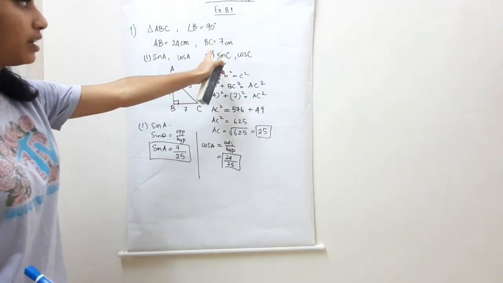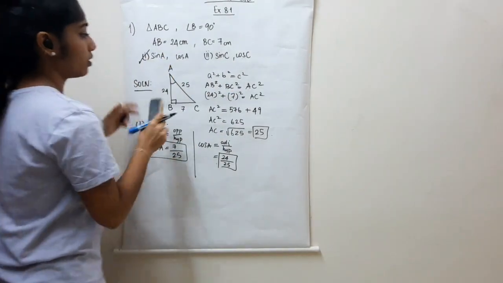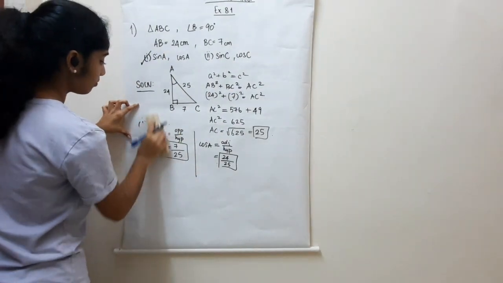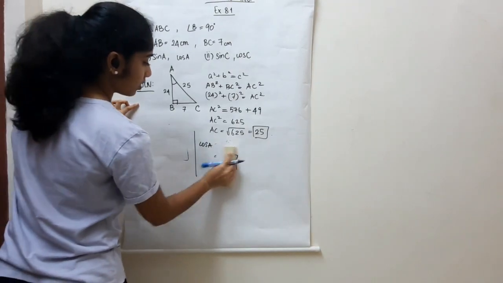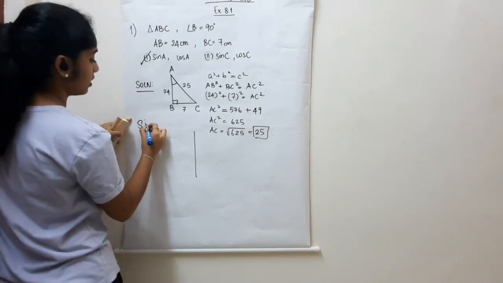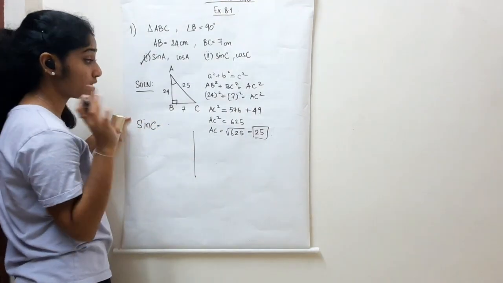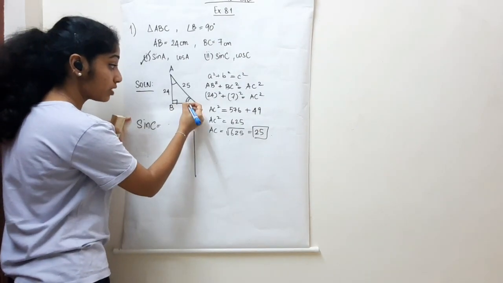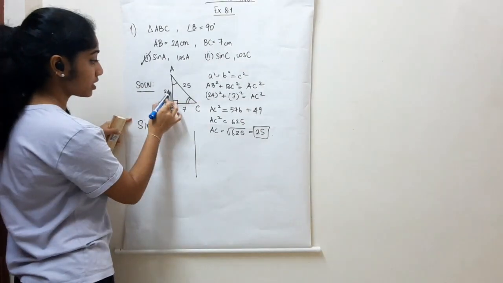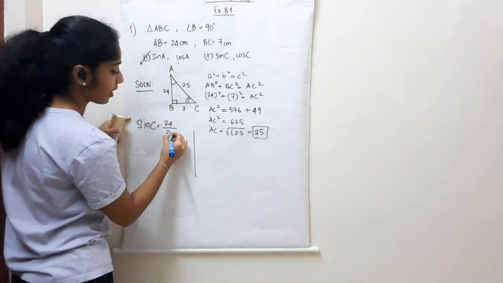Now we need to find sin C and cos C. We're done with this. Now sin C is again opposite by hypotenuse, but it is opposite to angle C. So which is AB, 24 by hypotenuse 25.